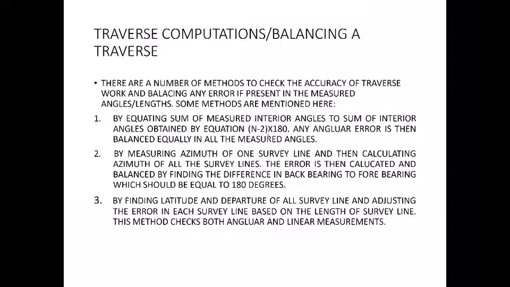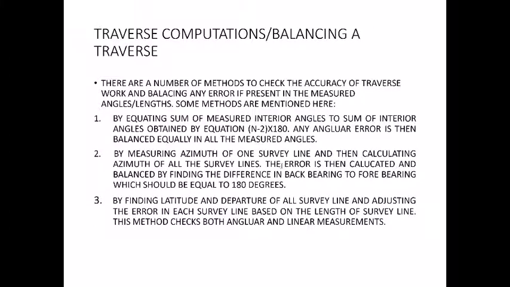So first we apply checks on the angles and then we apply checks on the linear measurements. If the sum of the interior angles is not equal to (n minus 2) times 180, then we calculate how much is the error in the sum, and then that error is balanced in all the angles equally. So that's one way to do it.